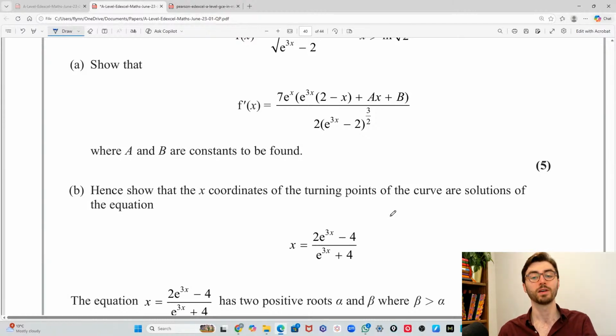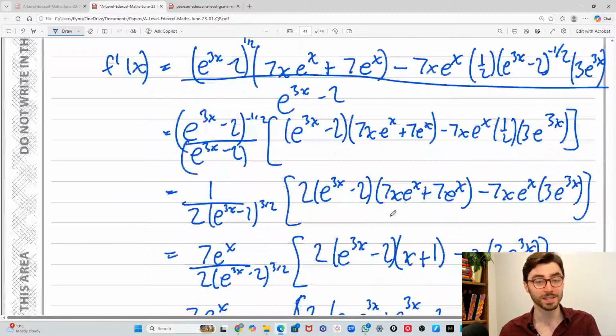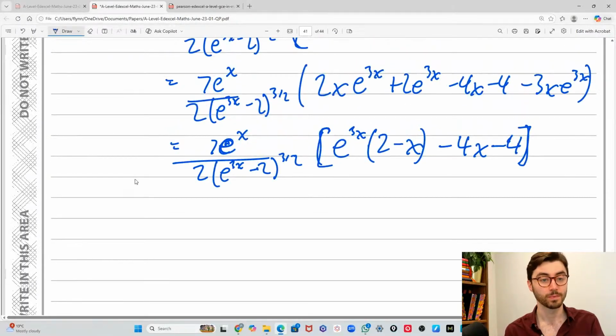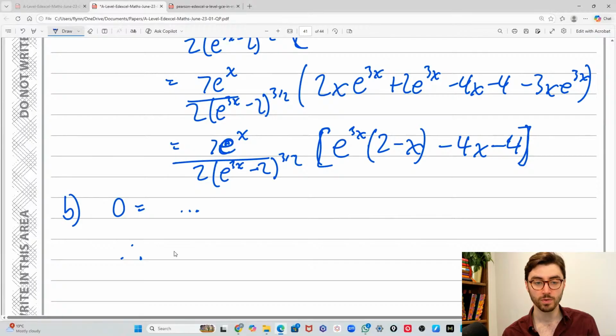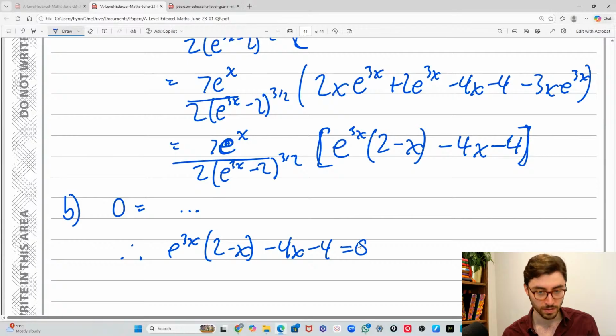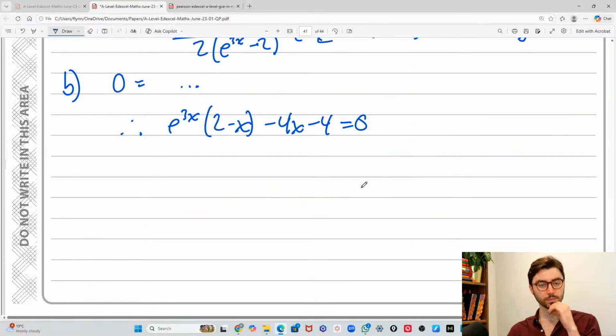Okay, so now we got to solve for this equaling 0. So 0 equals stuff, and this exponential can never equal 0. Therefore, e to the 3x into 2 minus x minus 4x minus 4 equals 0. We have to make x the subject.